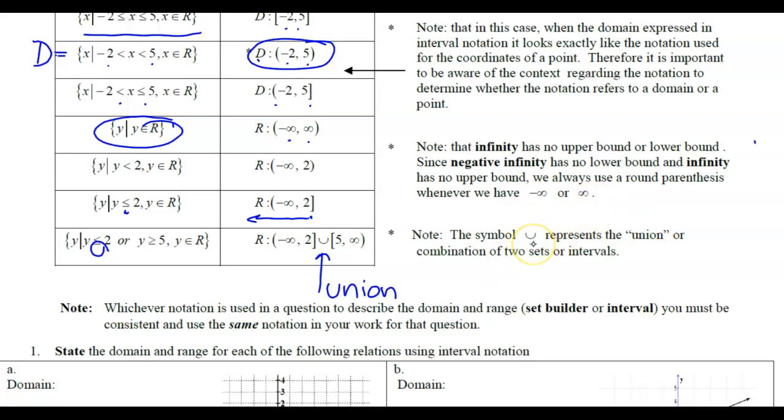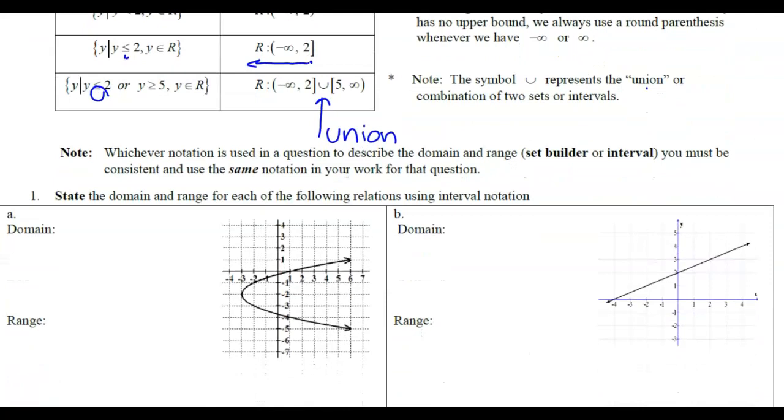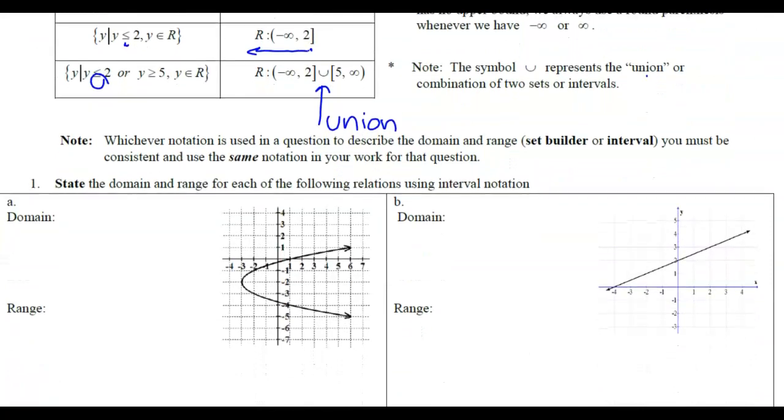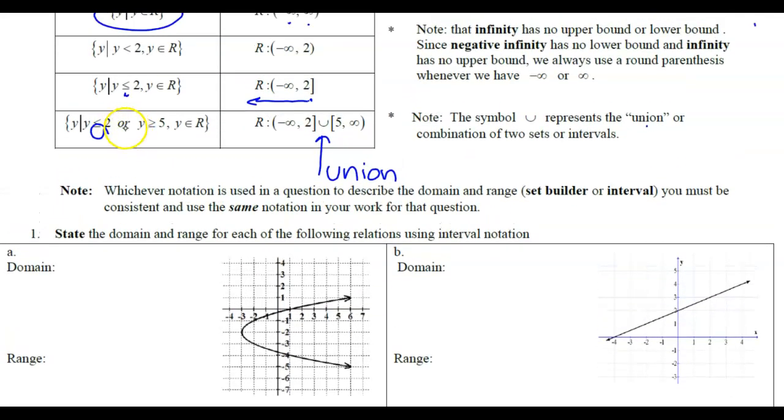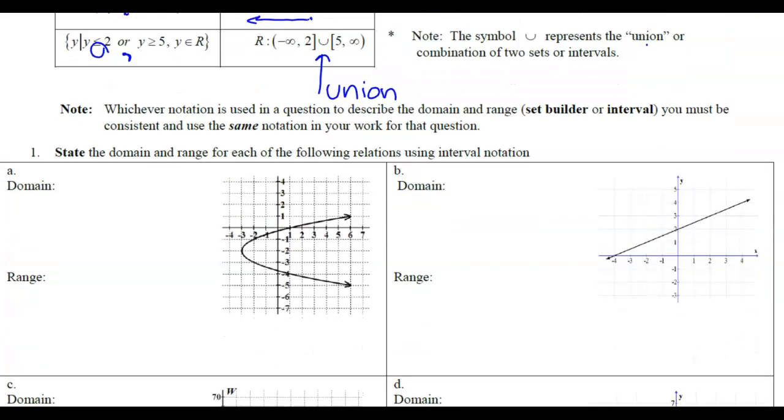This U-shaped symbol is the union or the combination of two sets of intervals, or 3 sets or 4 sets. Whereas in Set Builder, we might actually just use a comma. In interval, we have to use that symbol. Okay, so let's practice.